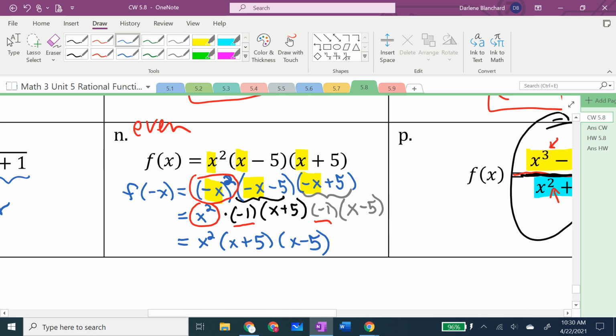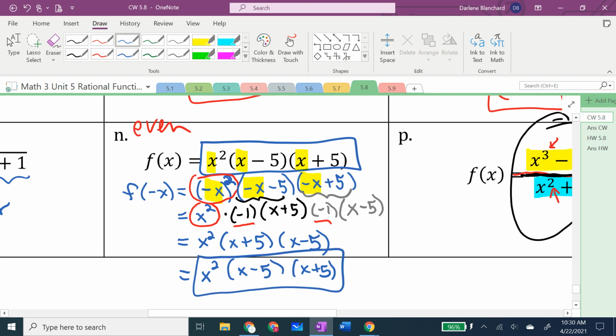And the only difference between f of x and what I have now is the order of multiplication. So what I'm going to do is just quickly reorder these two. And you can see that f of x is equal to f of negative x. And that makes an even function. But you have to go through this simplification process if you're dealing with a harder problem like this.